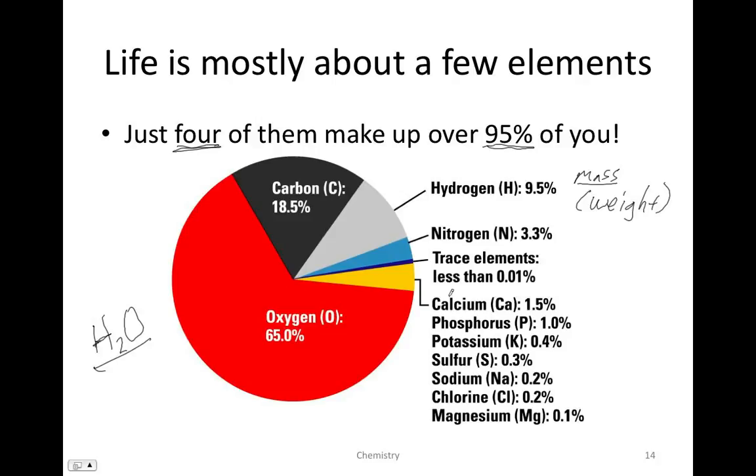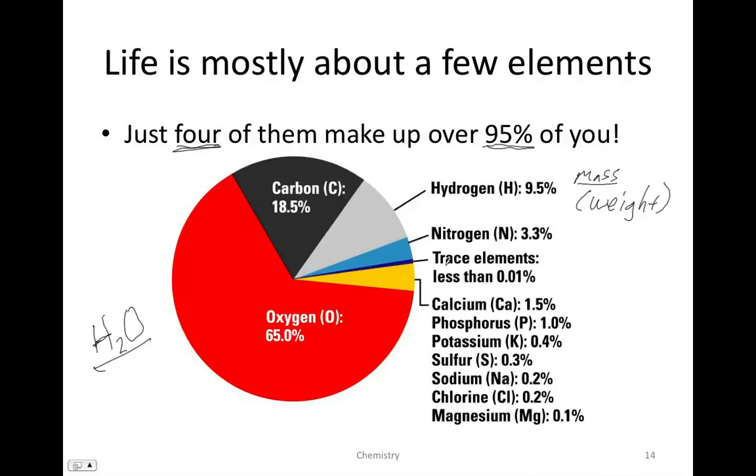Because we're vertebrate animals, we have bones, we have a lot of calcium, but it's still just over 1%, and a lot of phosphorus that's also in our bones and teeth, and also in other parts of us. All of these other elements together add up to less than 3 point something percent.